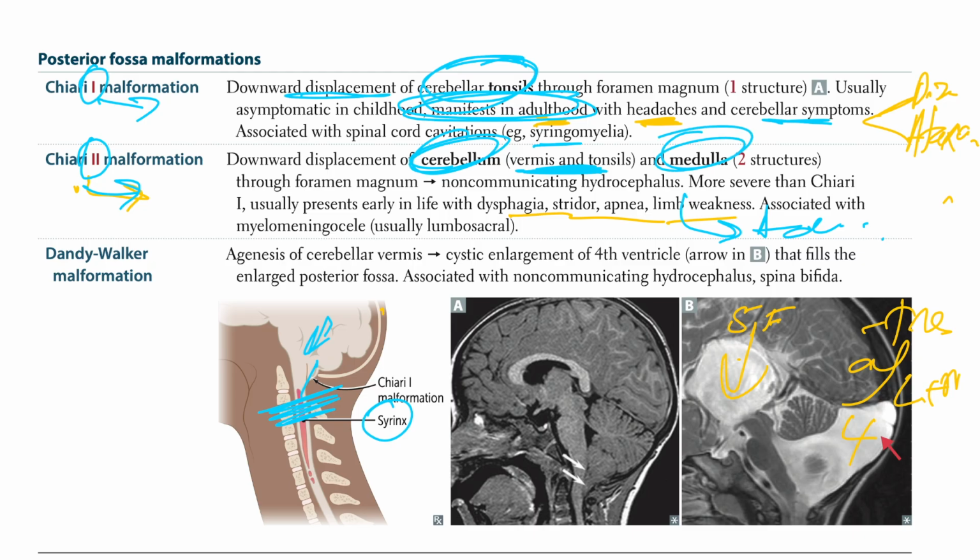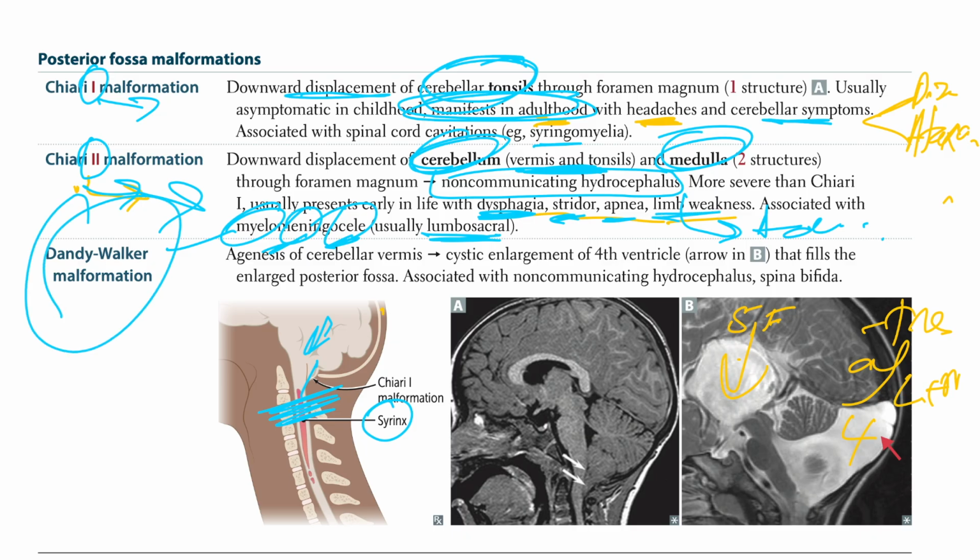So two things are also going to be out at the lumbosacral level, which is meningocele: the neural tissue and the meninges, both going out in the lumbosacral region. These patients will present as a child with a non-communicating hydrocephalus with dysphagia, can't swallow, stridor and apnea, and limb weakness.